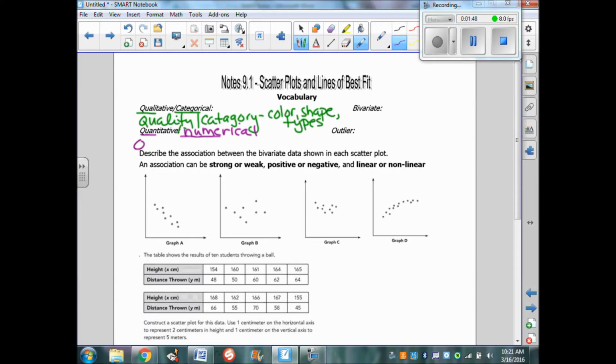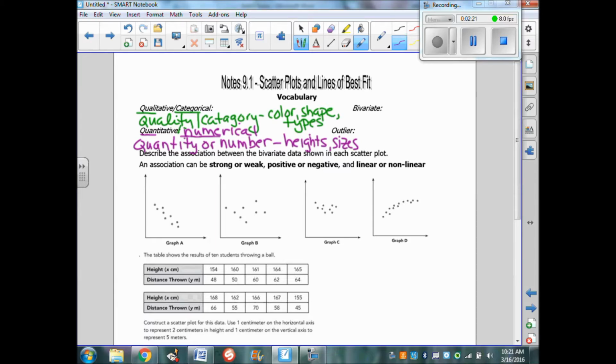So quantity or numbers. So what do we mean by that? Heights of people, sizes, anything to deal with numbers would be considered quantitative data. And that's the data that we're going to use the most of, and next year you'll spend a lot of time with that type of data, the number kind of data.